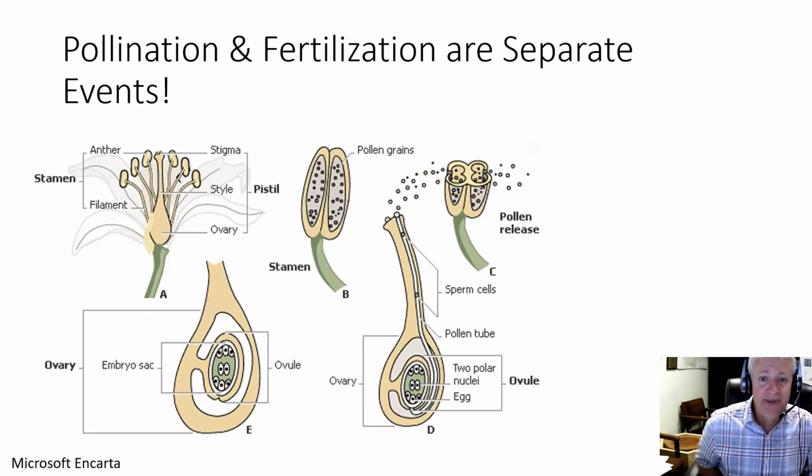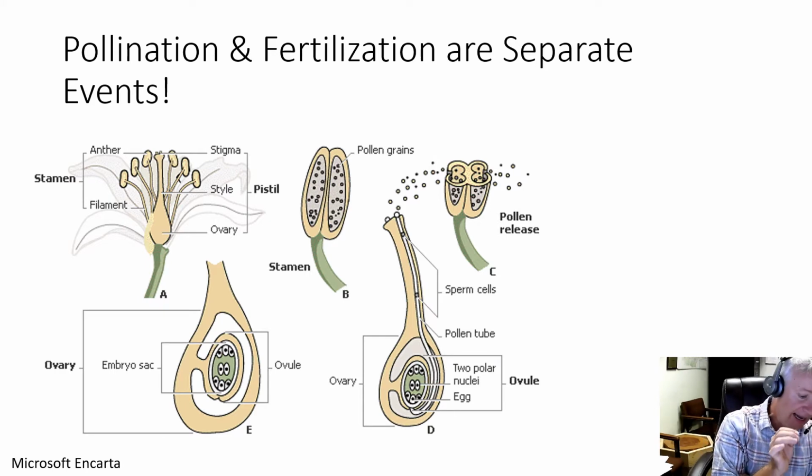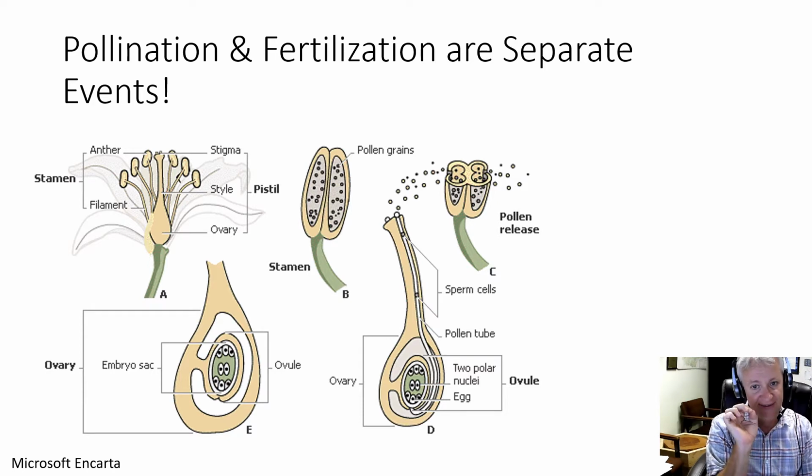The next step in reproduction is fertilization. And I think a really important take-home here is that pollination and fertilization are separate events. So the arrival of pollen at the female reproductive structures is a discrete event that is separate from fertilization.